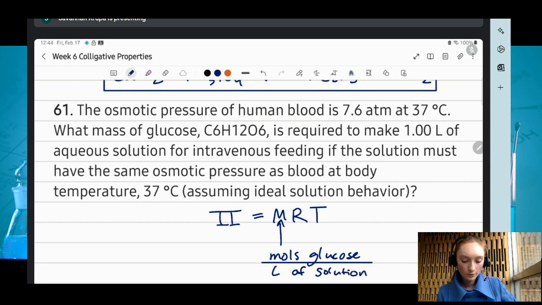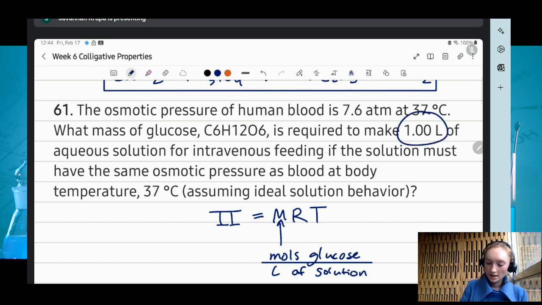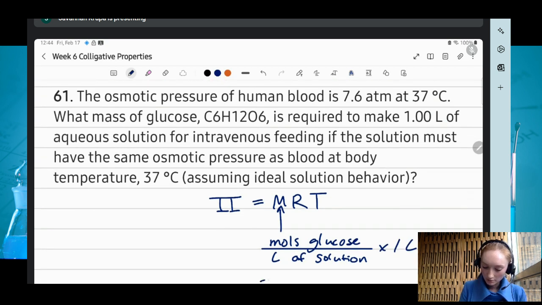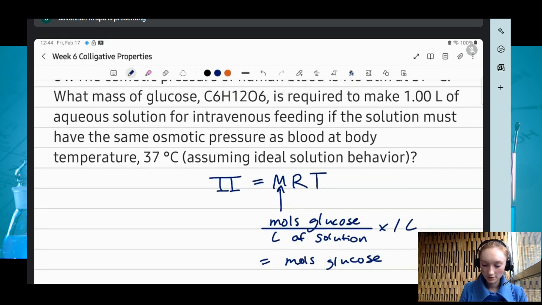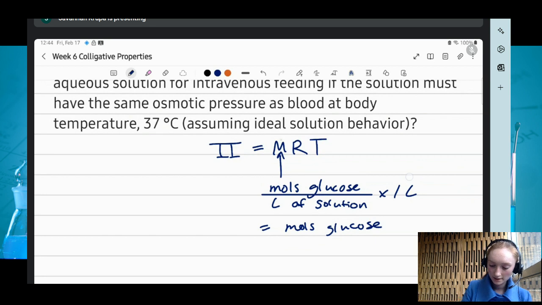Just before we move on with calculating things, because we have 1 liter of the solution, I'm going to multiply this by 1 liter, and so we will end up getting moles of glucose. Sometimes it's easier to do that before continuing. But if we are going to try to find the mass of the glucose, let's first isolate that in the equation.